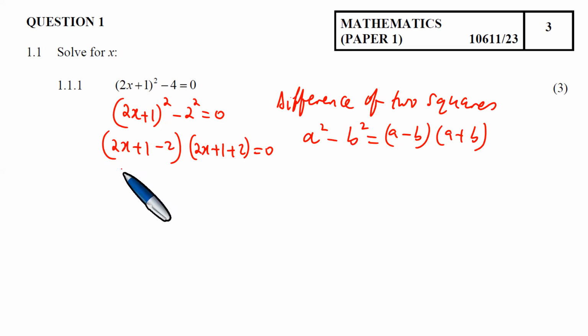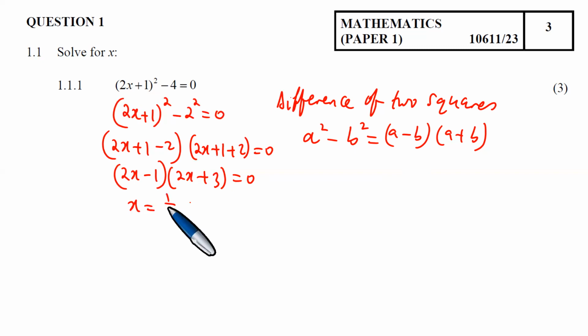So at this point, this is 2x minus 1 into 2x plus 3, and this equals 0, which means x is equal to 1 over 2, or x is equal to minus 3 over 2. Okay, so that becomes the answer: 1/2 and minus 3 over 2.